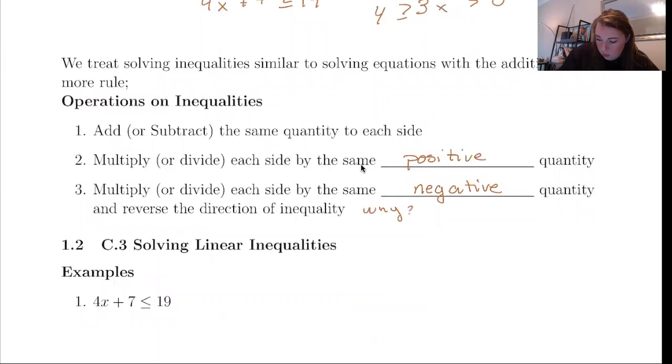Why? Well, we all know that 2 is less than 5, but if I multiply each side by -1, -2 is not smaller than -5. And remember, when we mean less than, we're talking about to the left on the number line.